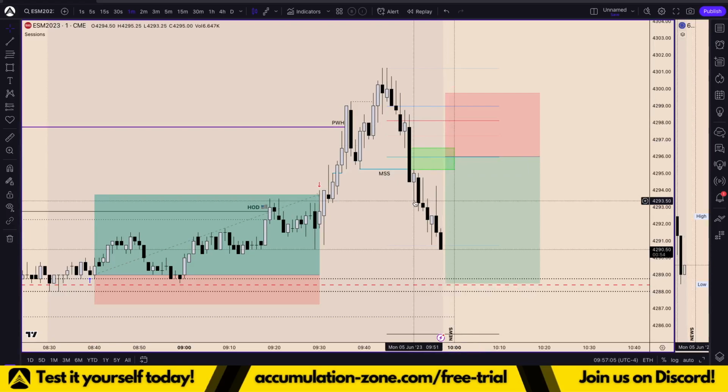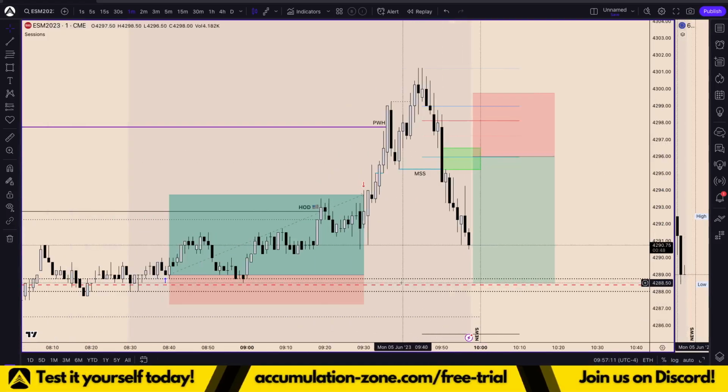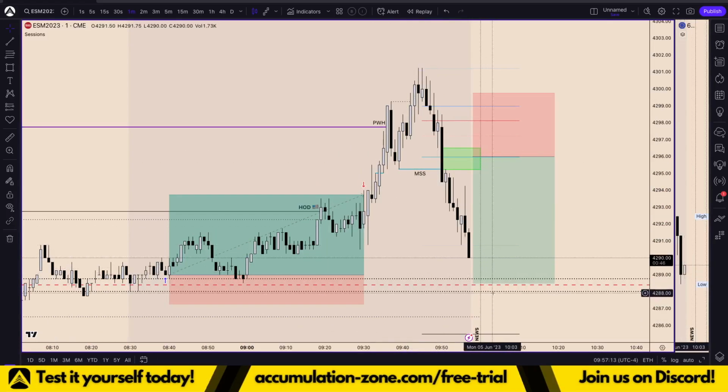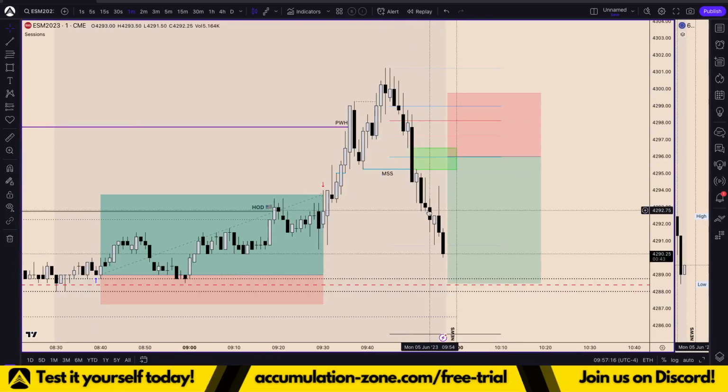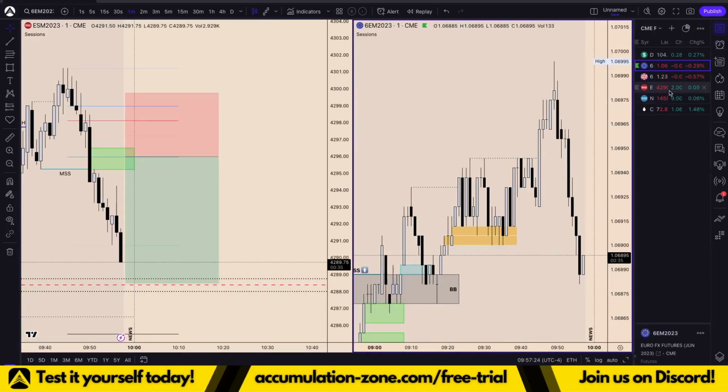Looks like we're already getting rejected. And I would not look for another short if we already go below the new week opening gap. This would have been my draw on liquidity if we would have seen a pullback and not a sudden drop like this. Yes, we can also check out the Nasdaq chart for that reason.